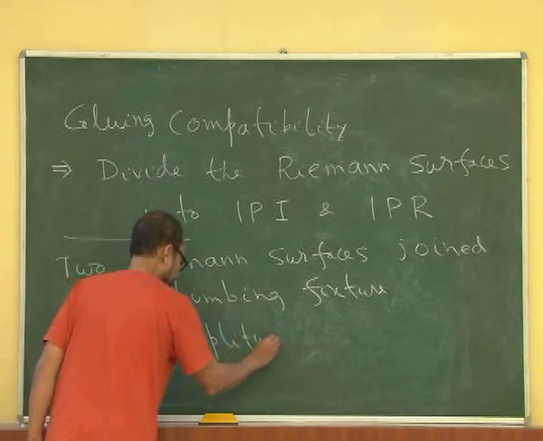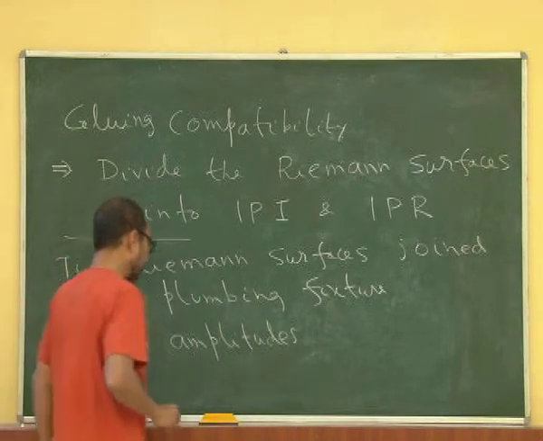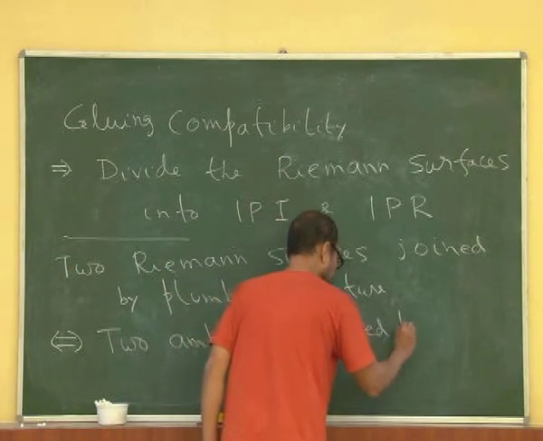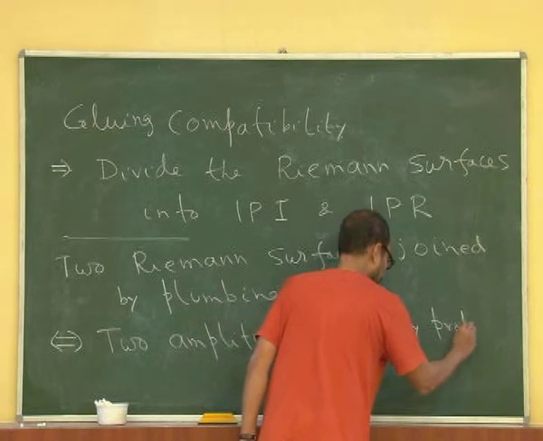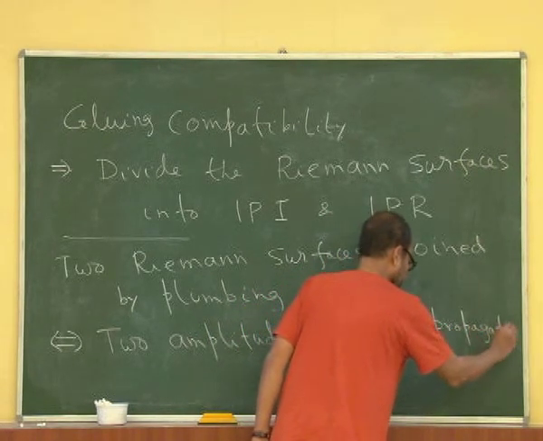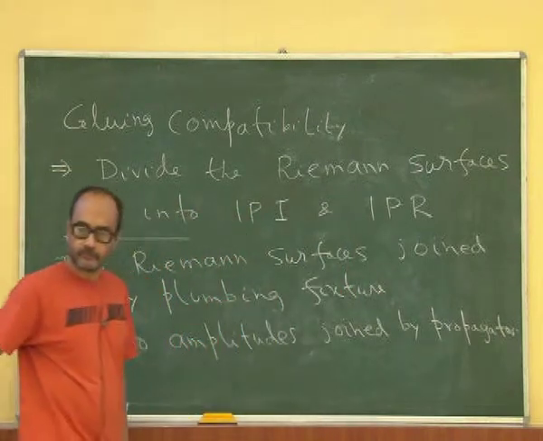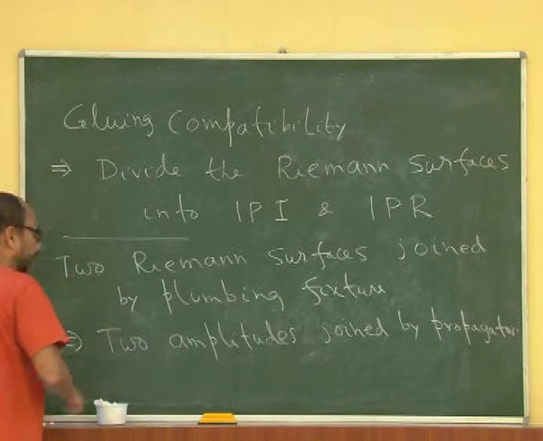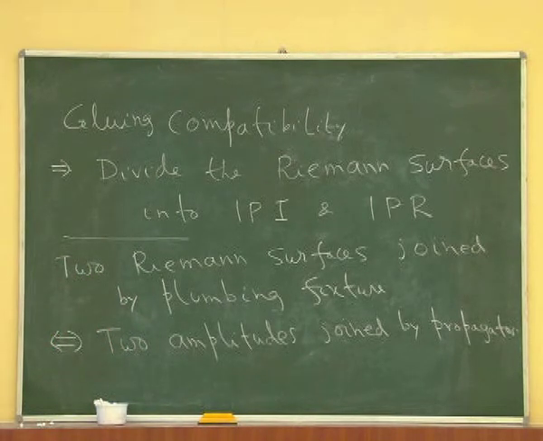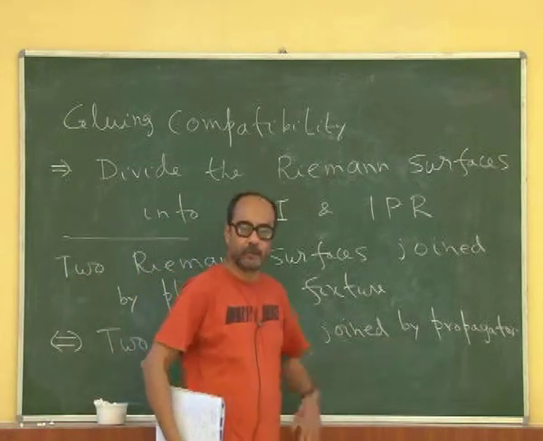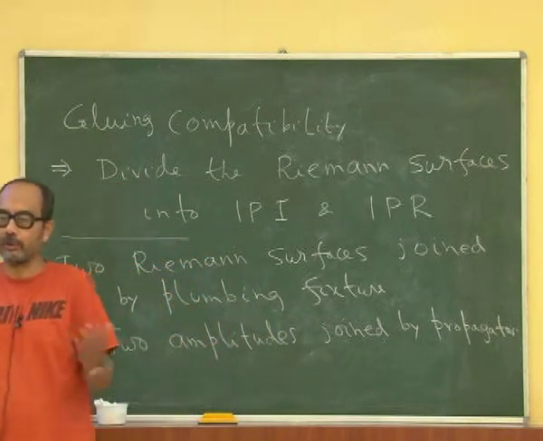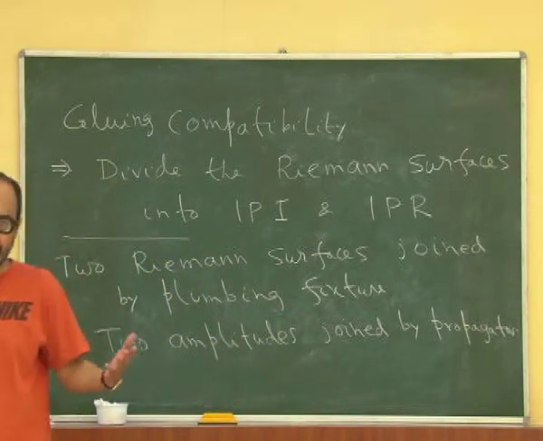We will see later that this actually goes beyond just an analogy, but right now just think of this as an analogy. Whenever two Riemann surfaces get joined by plumbing fixture, we will think of this as if we have joined two amplitudes by a propagator. Then we follow the rules of defining one particle irreducible and one particle reducible amplitudes in Feynman diagrams.